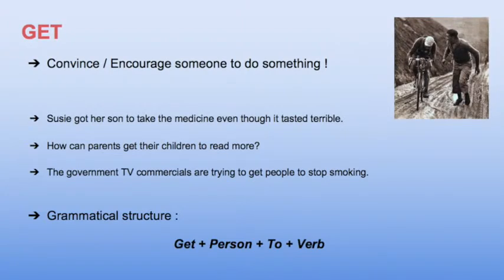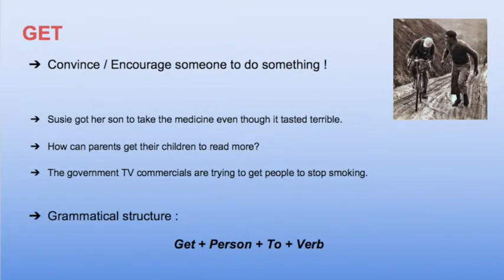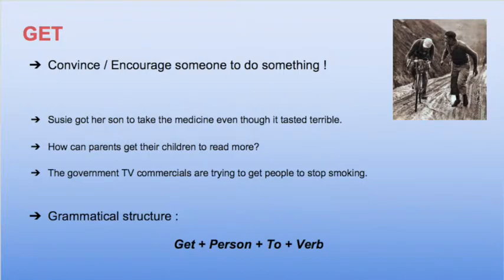These three sentences show the convincing aspect in the use of the causative verb get. Sometimes this construction has the feeling that we needed to convince someone to do something, while the other construction, have someone do something, is a little bit more neutral.